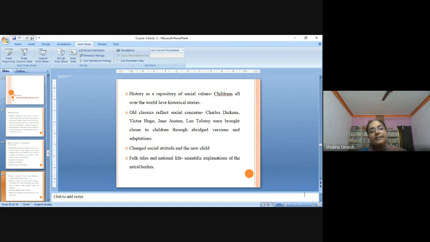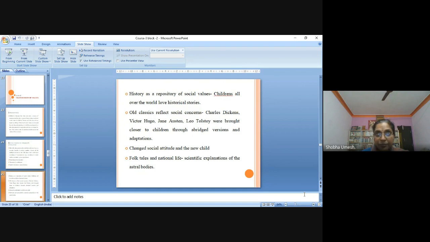So, old classics also reflect social concerns. Even the classical stories reflect certain social concerns. For example, writers in English from the past, like Charles Dickens, Victor Hugo, Jane Austen and Leo Tolstoy, were brought closer to children through abridged versions and adaptations.